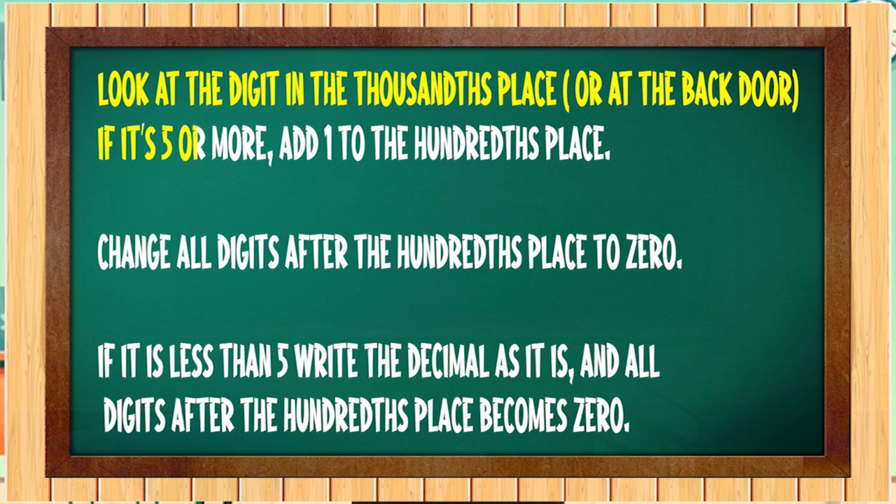If it's 5 or more, add 1 to the hundredths place and change all digits after the hundredths place to 0. If it's less than 5, write the decimal as it is and all digits after the hundredths place become 0. Let's quickly go to this example.